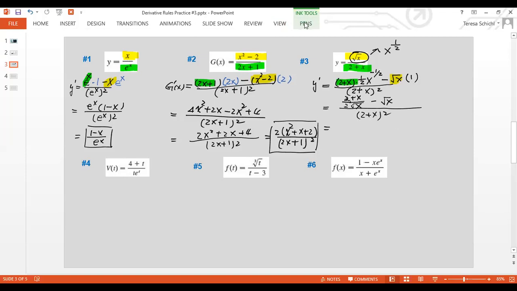All right, so we'll put a little bit down here. So this is (2 plus x) squared. Okay, so the common denominator is 2 square root of x. All right, so this is minus 2 square root of x, right? So it's a common denominator. So the top is not changed. Okay, so be very careful.